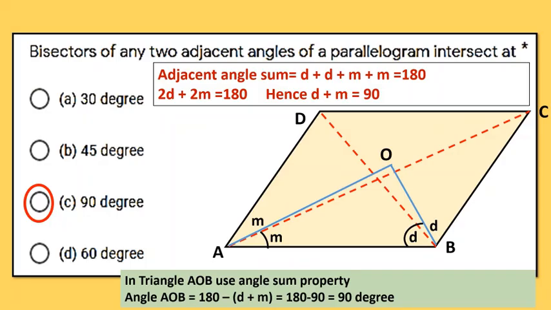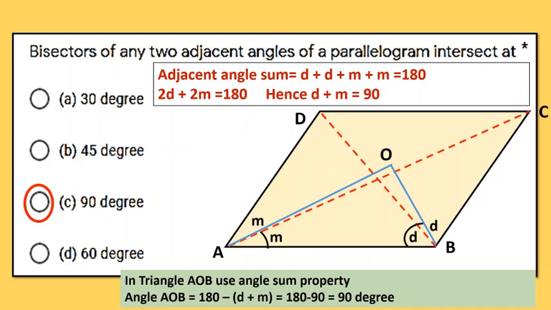Now, this is a unique question, slightly tough. Bisectors of 2 adjacent angles of the parallelogram intersect at which angle? That means, you can see here 2 red dotted lines. They are diagonals, okay? I want you to understand that whatever blue line you see is not the same as that diagonal. That blue line is the angle bisector.